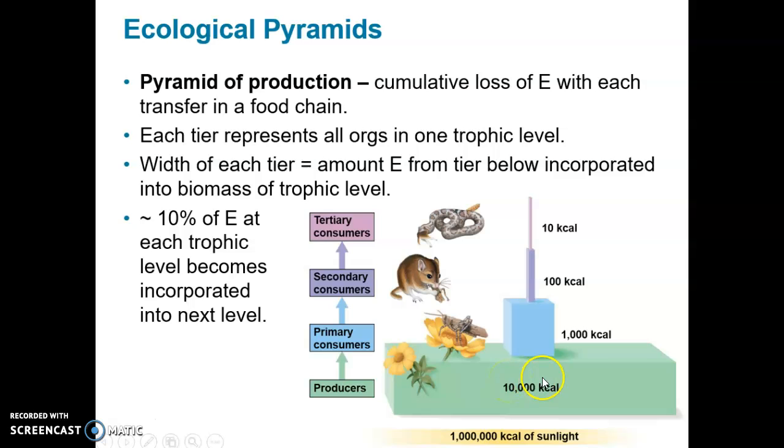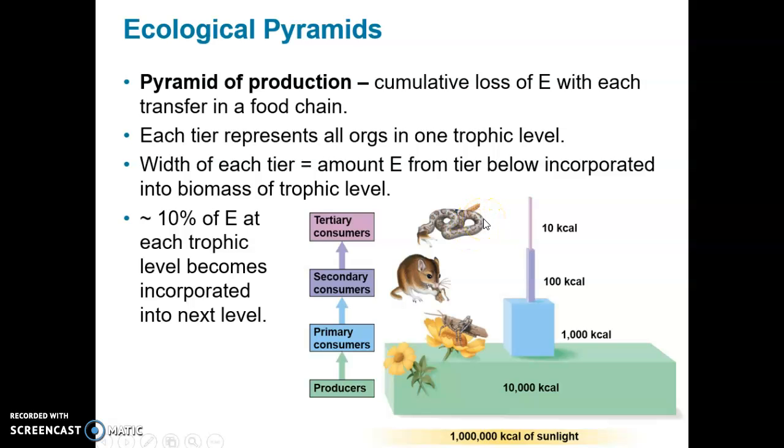So that explains why in an ecosystem there's going to be many plants, individual grasses, etc. Fewer herbivores, fewer carnivores, primary carnivores, which are secondary consumers, and even fewer secondary carnivores.